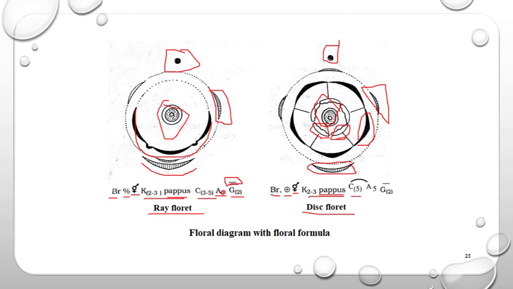They are fused together, and the number of androecium is also 5. And this upper line indicates that they are attached to each other, or adnate to each other. After this we have the gynoecium. Gynoecium having 2 carpels, so it is a bicarpellary structure. The bracket indicates they fuse together, so this ovary is syncarpous, and a line above this G indicates the ovary is inferior.